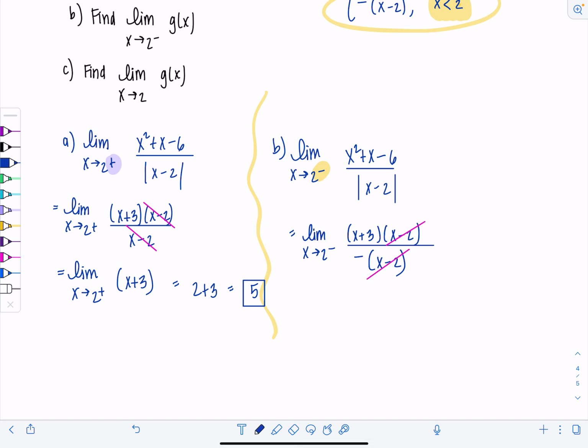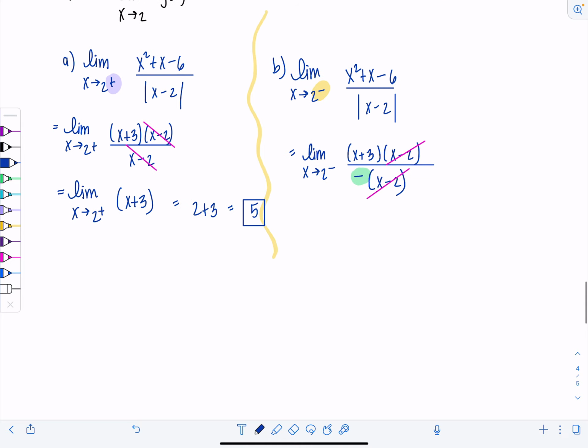And see that negative hanging out down there? Don't forget about it. So I'm going to move it outside the parentheses in the numerator. So we've got the limit, x approaches 2 from the left, of negative x plus 3. And now to evaluate the limit, I can just use direct substitution, just plug in 2. So we've got negative 2 plus 3, which is negative 5. Great.